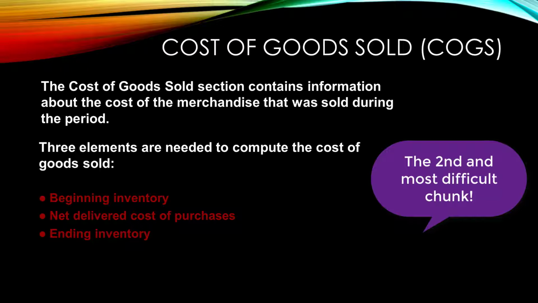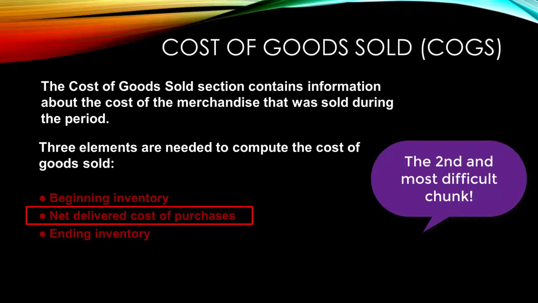The main one in the middle is one that we have already learned. In a nutshell, as you look at this slide, you'll recognize the net delivered cost of purchases. After we tweak that for inventory, by adding in the beginning inventory and taking out the ending inventory, we will have cost of goods sold.